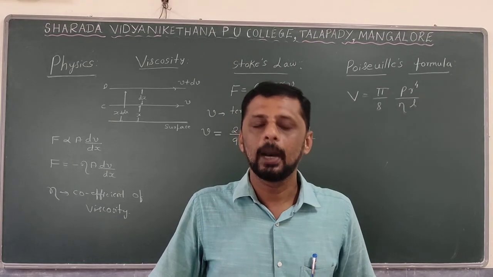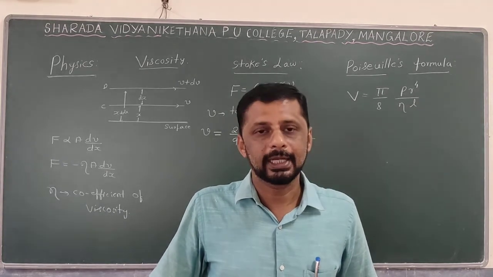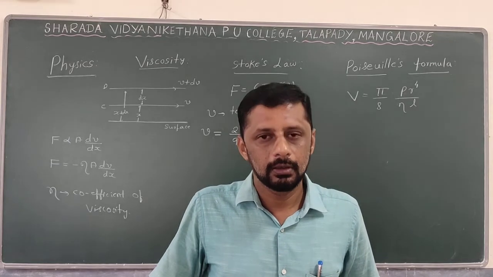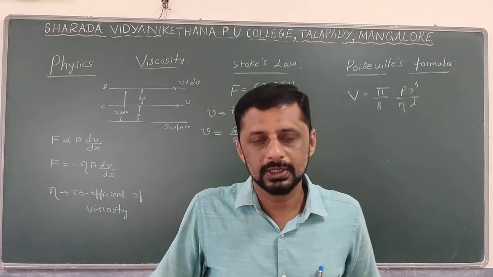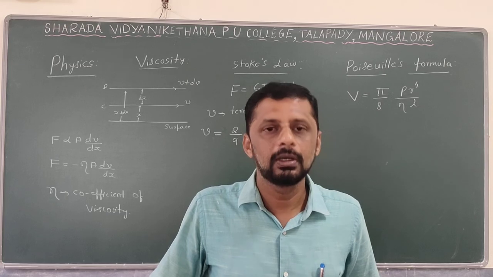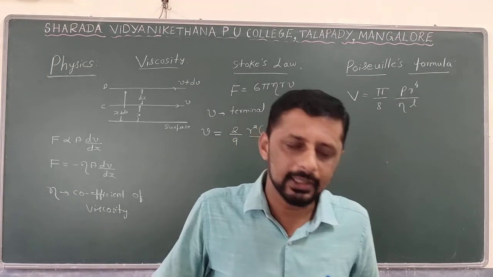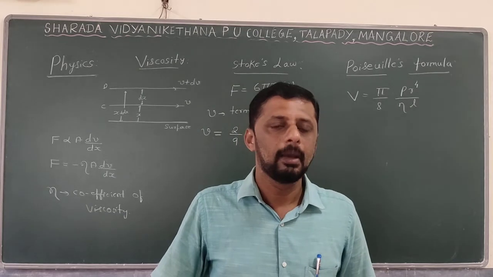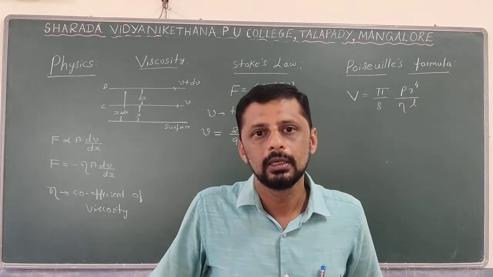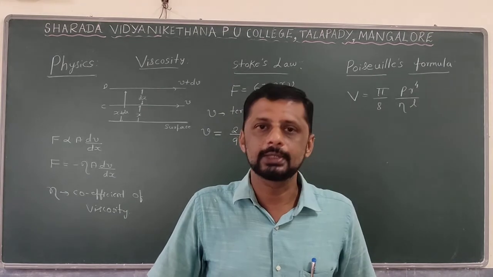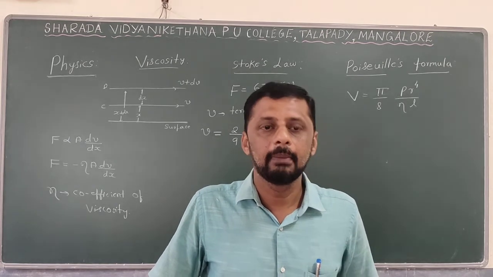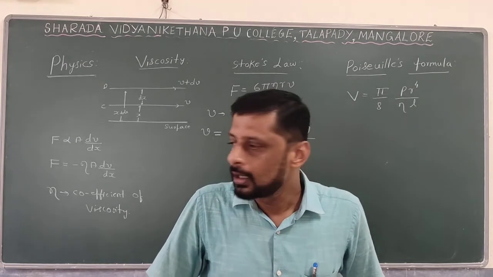First one is the uplift of an aeroplane. Second one is the blowing off of the roofs of houses during a thunderstorm. And another important application is the atomizer, perfume sprayer, insect sprayer, and how it works. That can also be explained by considering Bernoulli's principle.